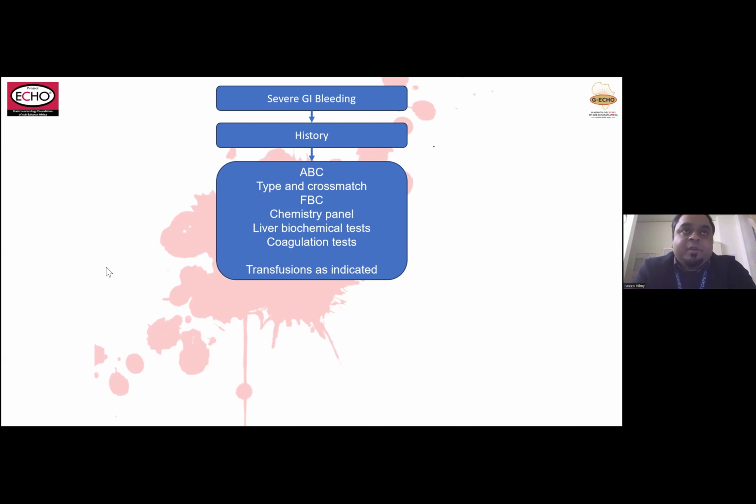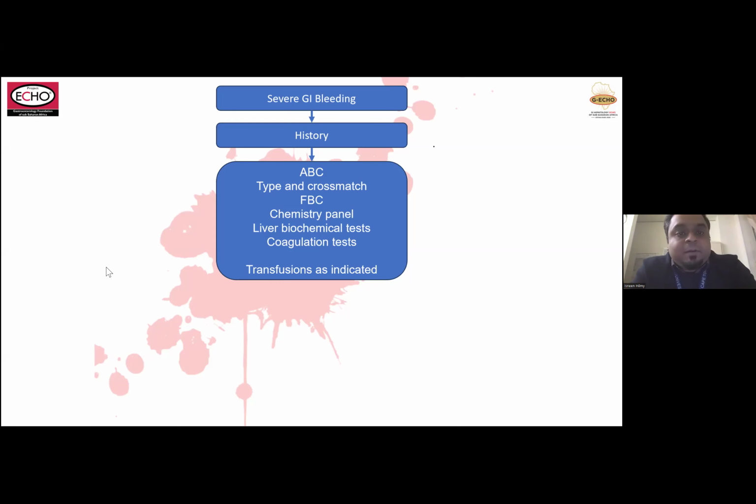And the European non-variceal bleeding guidelines actually say that prophylactic intubation should be performed in the context of severe hematemesis, or if the patient is agitated, or if you feel that you're not able to protect the airway of the patient.